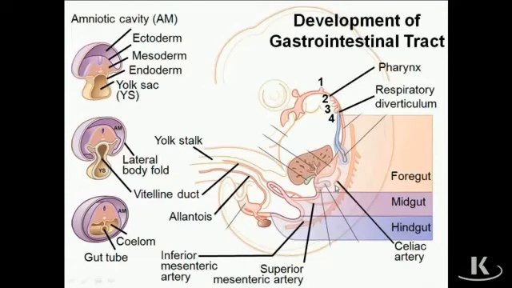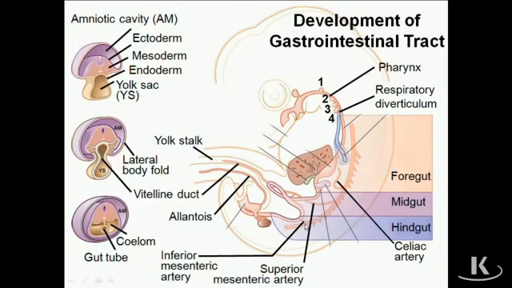And so what we already know, therefore, is that any foregut organ is an organ that gets its blood supply from the celiac trunk. Or we can say it the other way. Any organ that gets its blood supply from the celiac trunk is a foregut organ. And similarly, we can say the same thing about midgut organs getting blood supply from the superior mesenteric and hindgut from the inferior mesenteric.